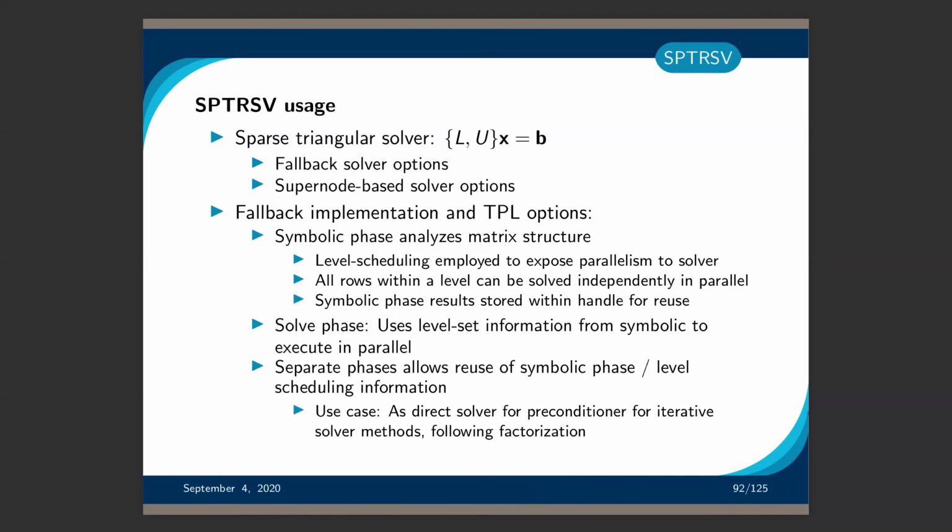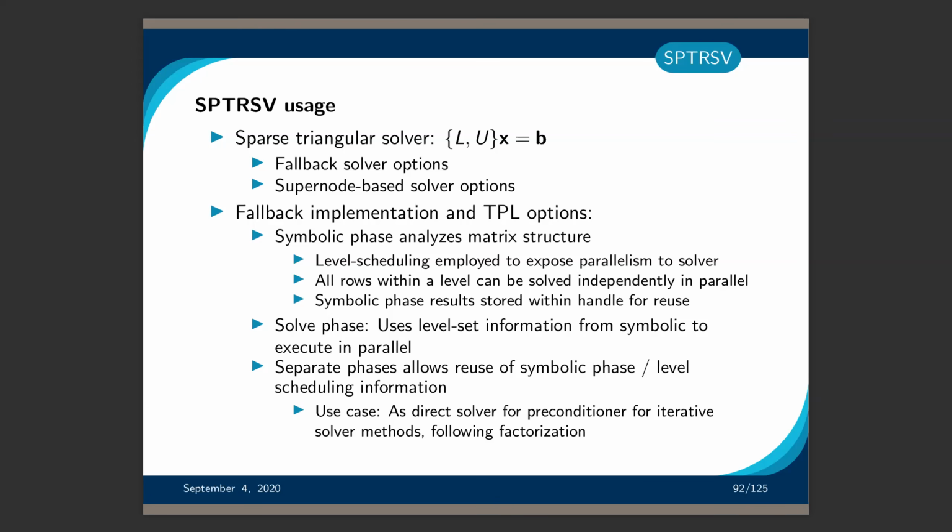The fallback implementation consists of two phases: the symbolic phase, which analyzes the matrix structure on the host and performs level scheduling to group row indices together in a level of rows. And these are rows that can be computed on independently during the solve, with, again, the levels being ordered by dependency, similar to SPILUK. The results of this are stored in internal data structures in a handle.